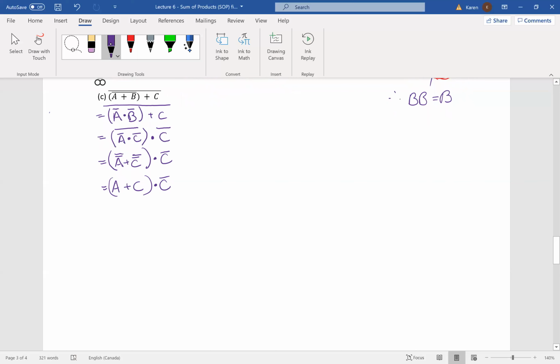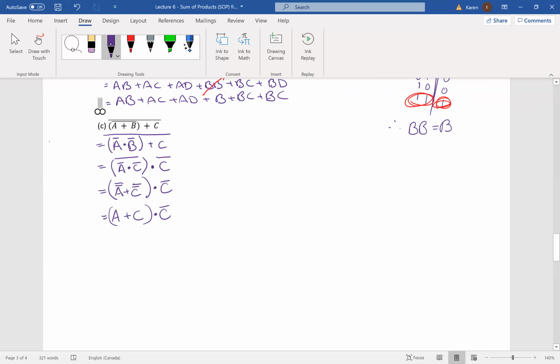And now I'm just double checking my work here, making sure I did this right. So I broke up this big bar. I changed the sign. I broke up the bar. And then I broke up this big bar by changing the sign and breaking it up.